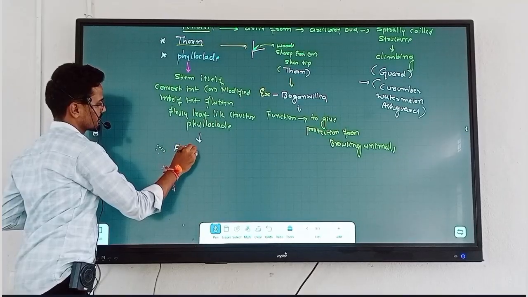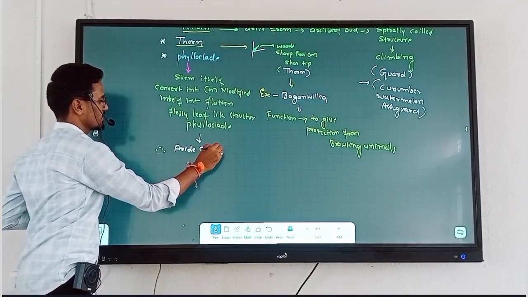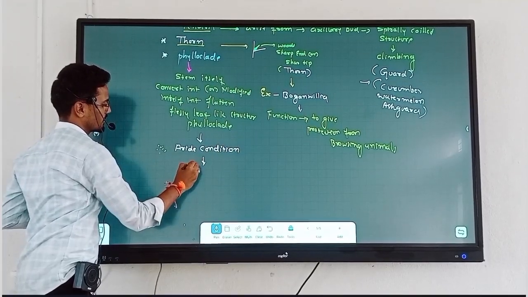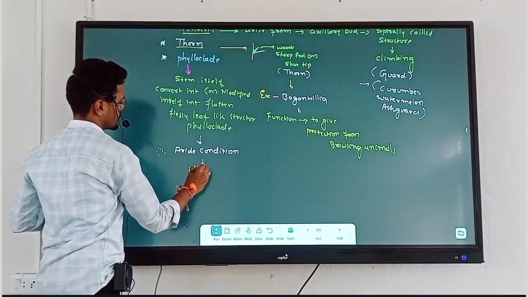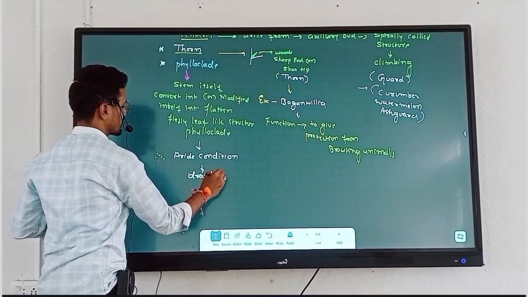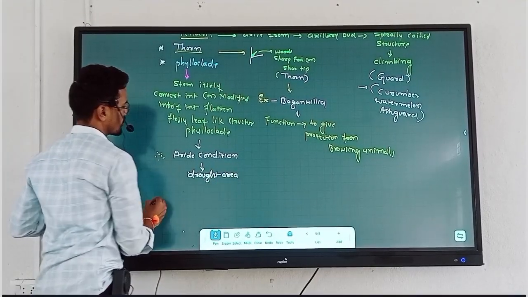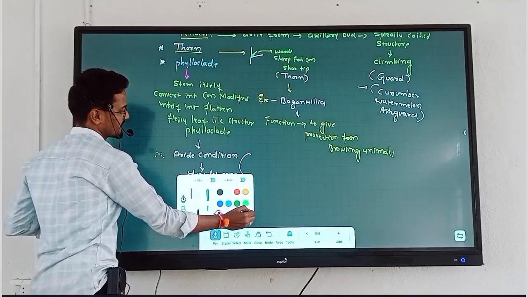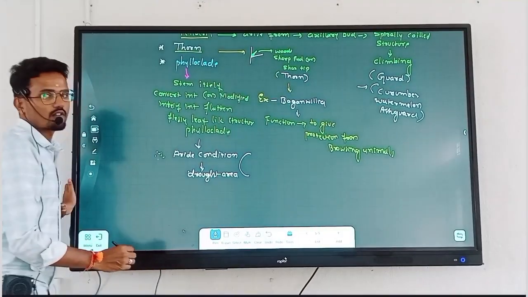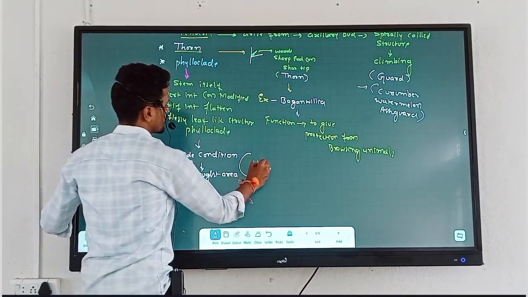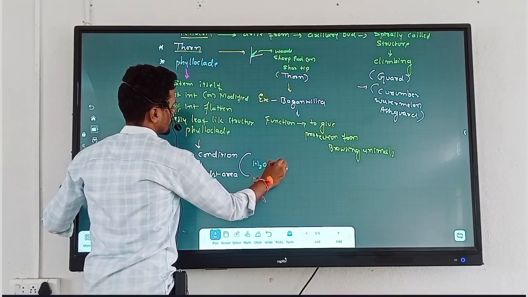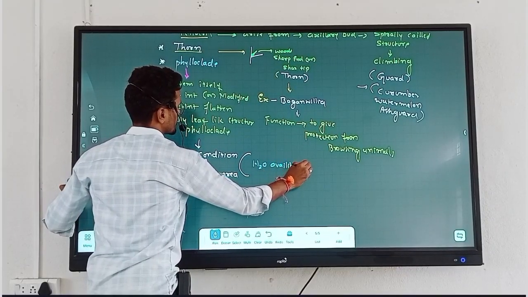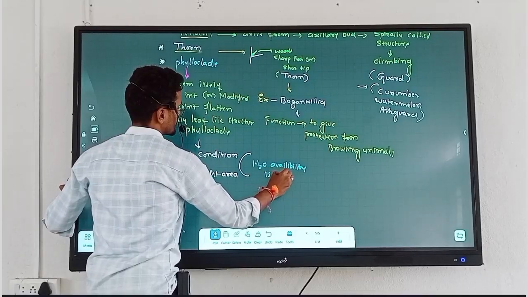These types of modification we find in arid conditions. Arid condition means drought condition, drought area. Both are nothing but water scarcity is there. Water availability is less.